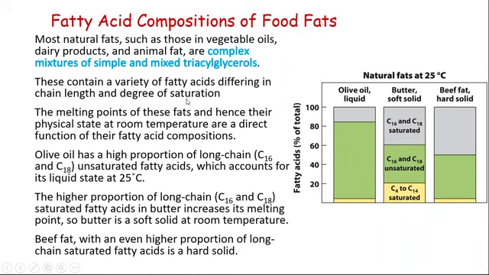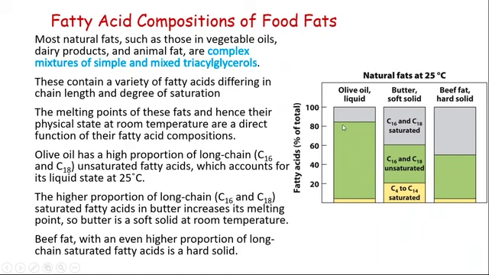They contain a variety of fatty acids which differ in chain length and in degree of saturation. The melting point of these fats and oils depends on the fatty acid composition. So now look at this figure on the right-hand side and look at olive oil.